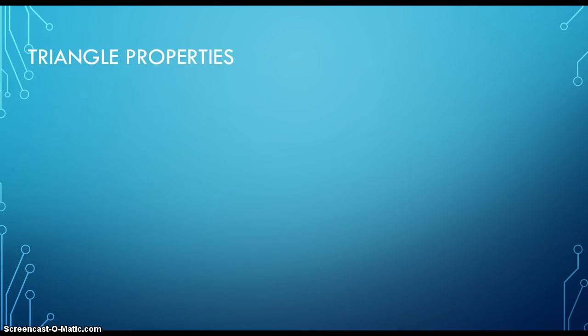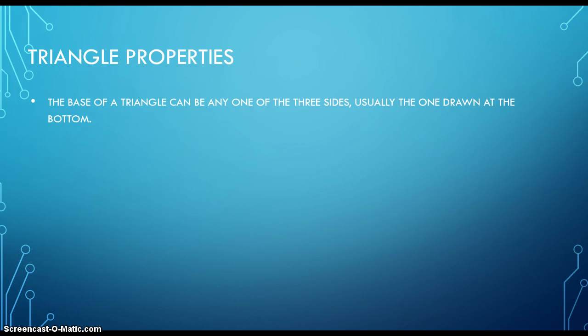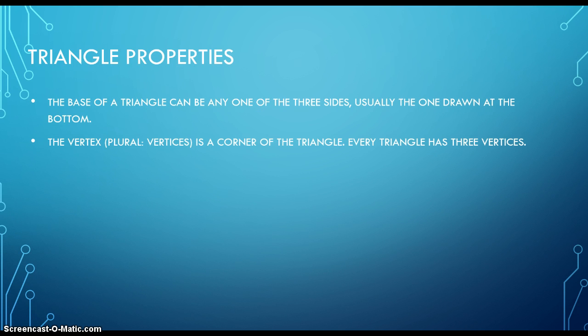So now we're going to look at some specific triangle properties. One of them is the base of a triangle can be any one of the three sides, usually the one drawn at the bottom. And normally in class, that's the one we're going to see. The vertex, which we mentioned earlier with angles, in terms of a polygon, is at the corner of the triangle, and every triangle has three sides.